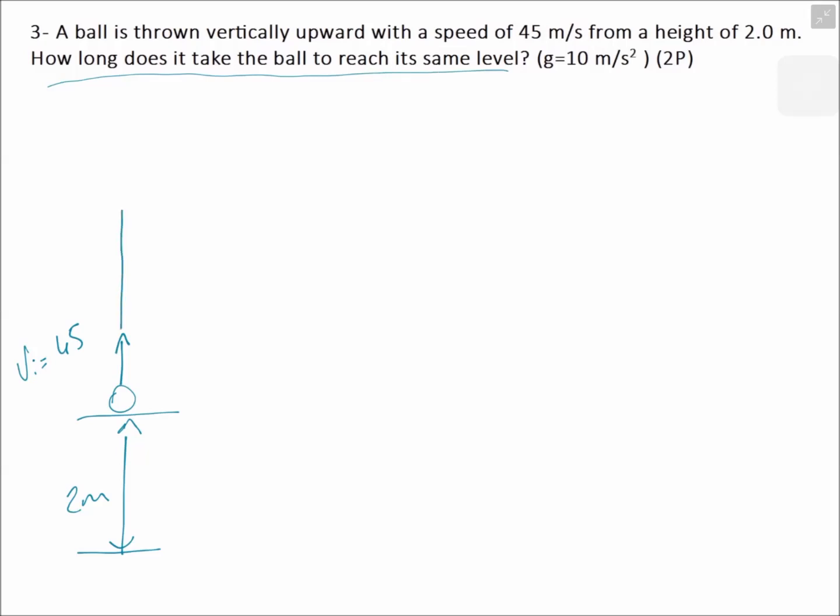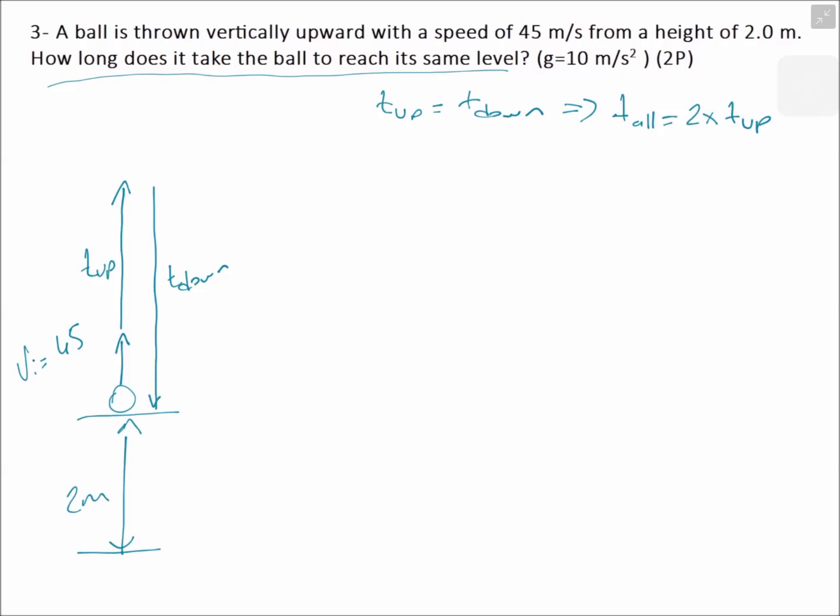So it goes up, then it comes back. So it's asking the total time. We have time up and time down, and time up equals time down. So if I calculate one of them, I can multiply it by 2. Time total is going to be 2 times time up.